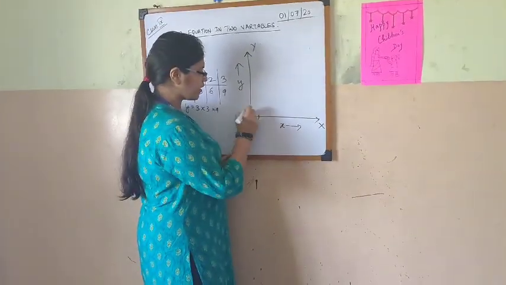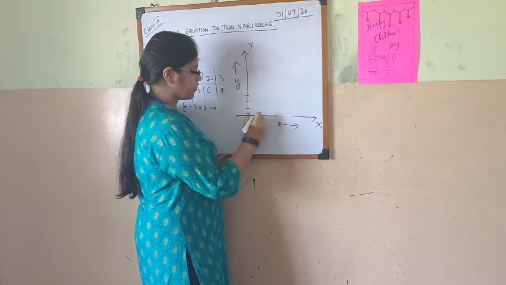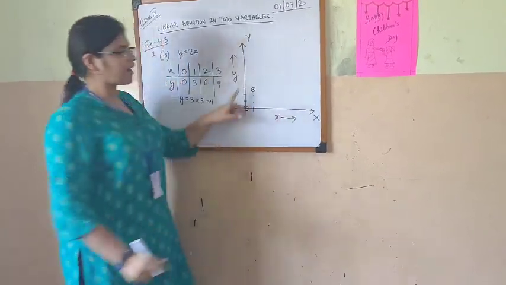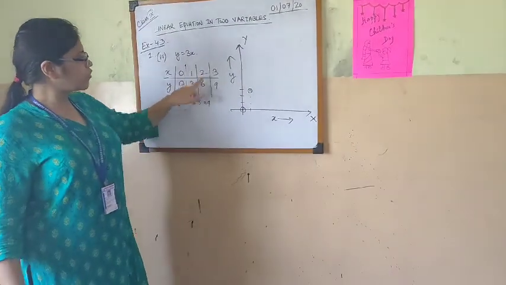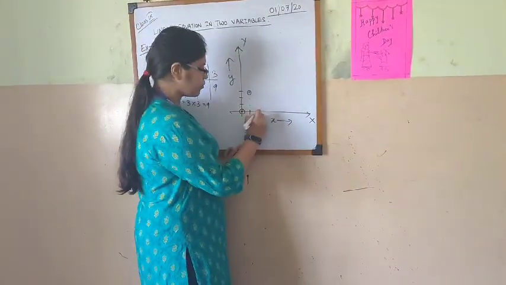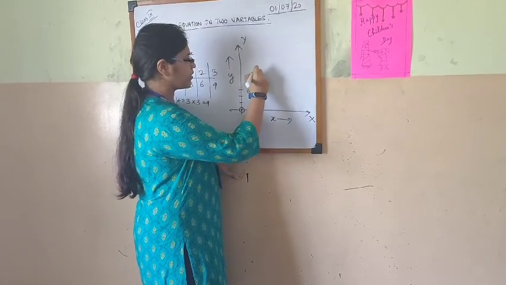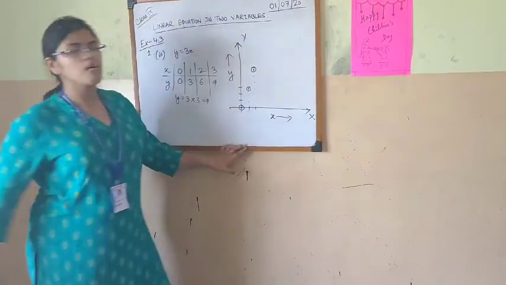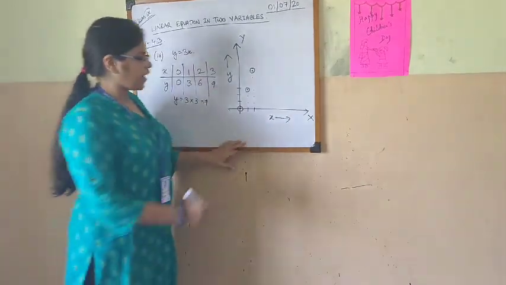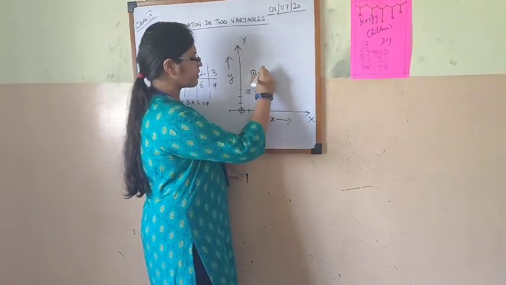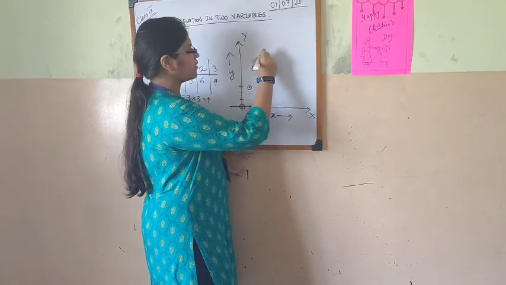So 1 here and 1, 2, 3. So this will be another point. Now I am getting (2, 6). Then 5, 6. Next we have (3, 9). So 3, and here this is 6, then 7, 8, 9.